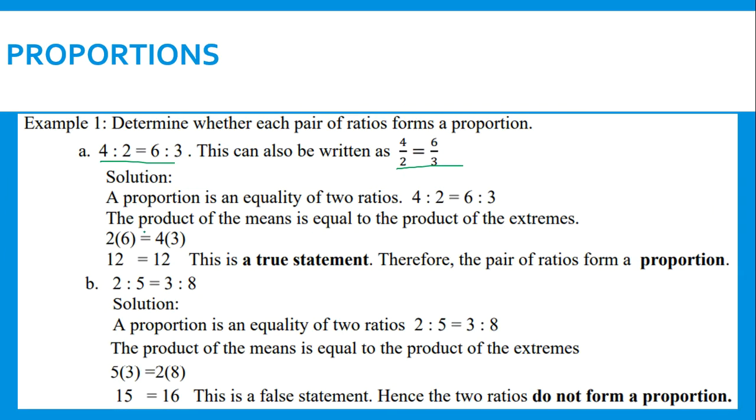Okay, next. The product of the means is equal to the product of the extremes. Okay? So, the product of the means, this is the mean, is equal to the product of the extremes. So, E na siya. Ang M is the mean, E is the extreme.